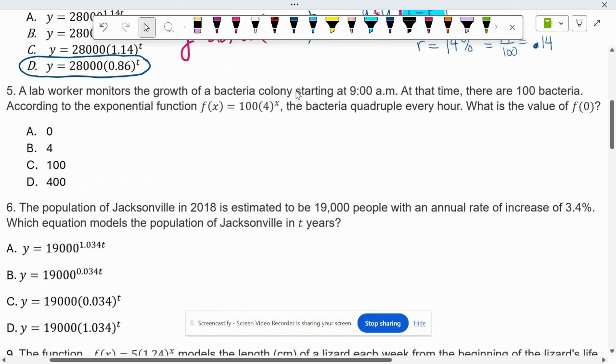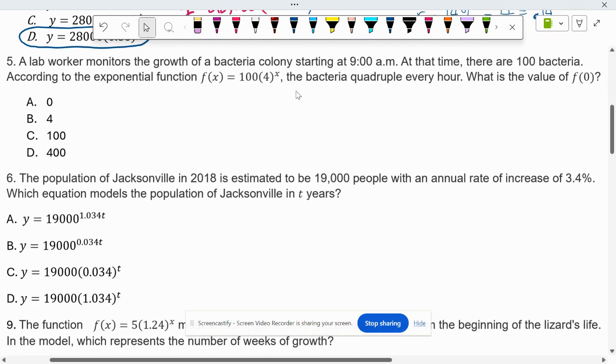Number 5, a lab worker monitors the growth of a bacteria colony starting at 9 a.m. At that time, there are 100 bacteria. According to the exponential function, f of x equals 100 times 4 to the power of x, the bacteria quadruple every hour. What is the value of f of 0?